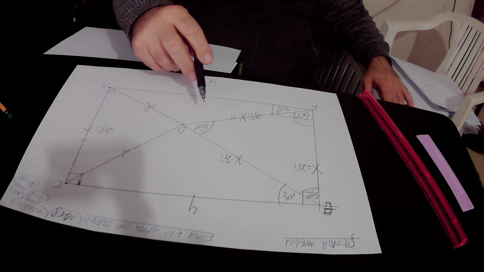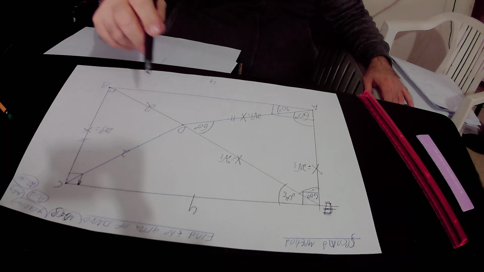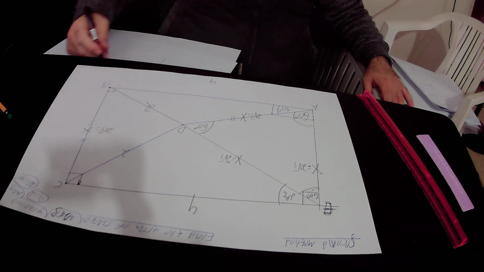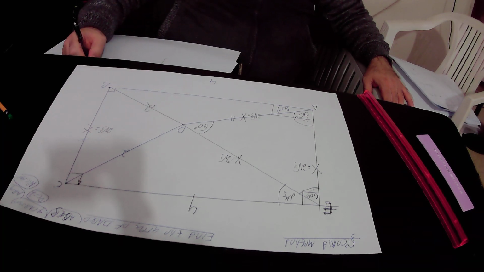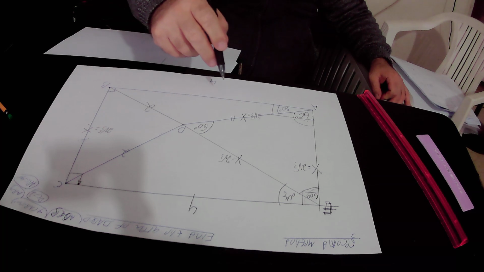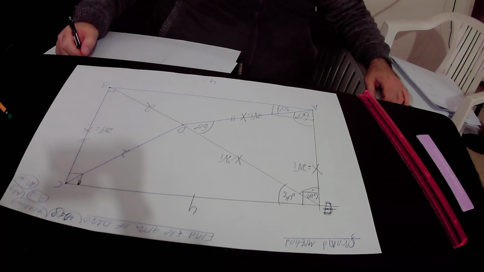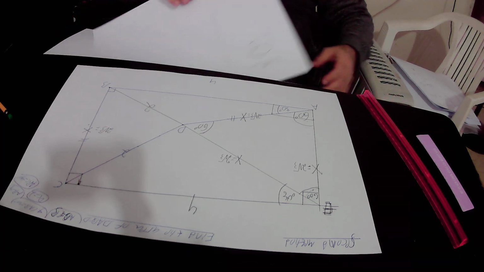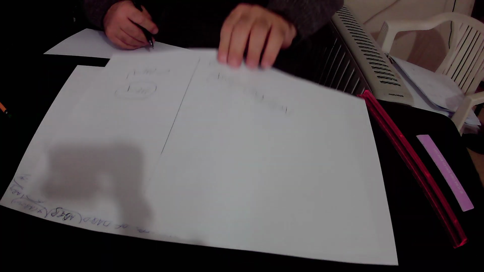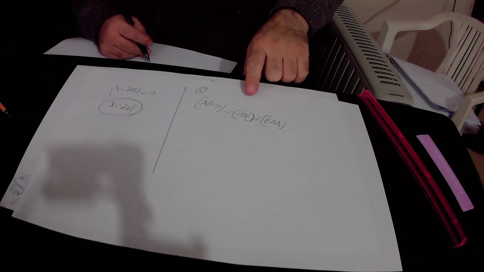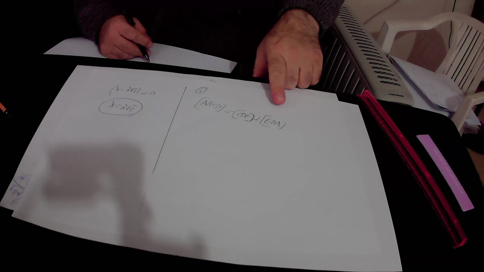So the area of quadrilateral ABCD equals the area of triangle CDE plus the area of triangle EDA. I'll repeat again, the area of quadrilateral ABCD will be equal to the area of triangle CDE plus the area of triangle EDA.